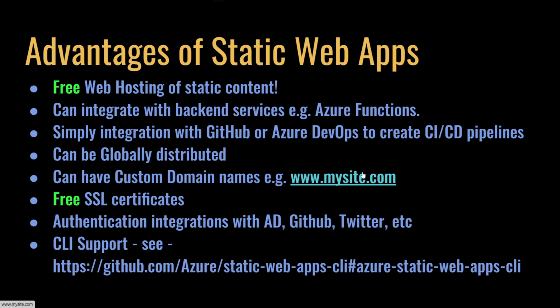And finally, we have CLI support, command line interface support, for producing static web apps and simulating a static web app environment locally before you push it, and that's available at this address. Time allowing, during this video series, I may have a separate video just on this particular aspect, the command line interface, but we'll see how we get on.